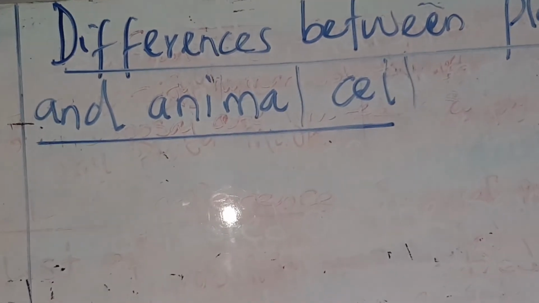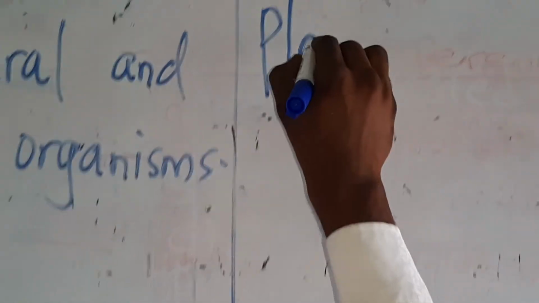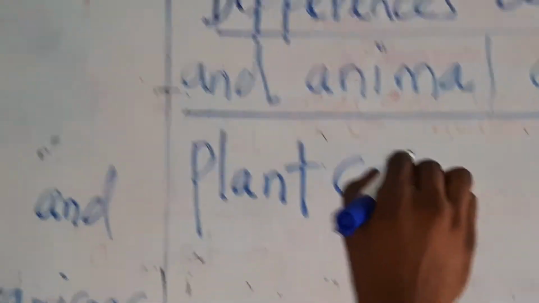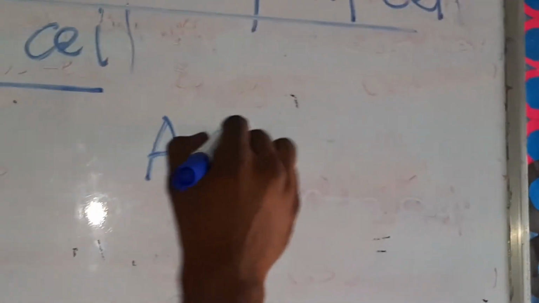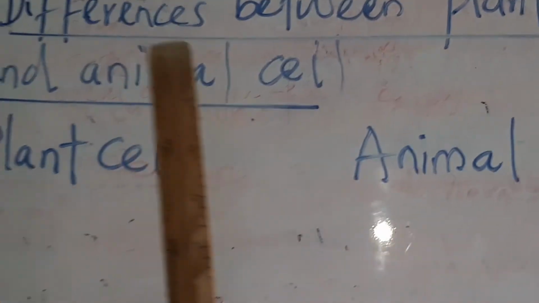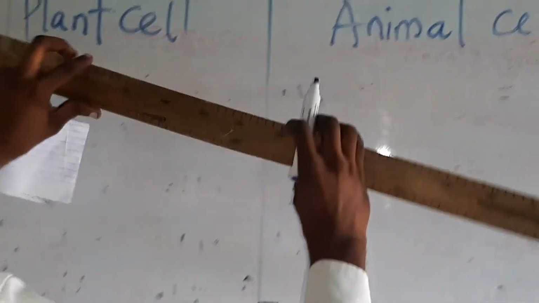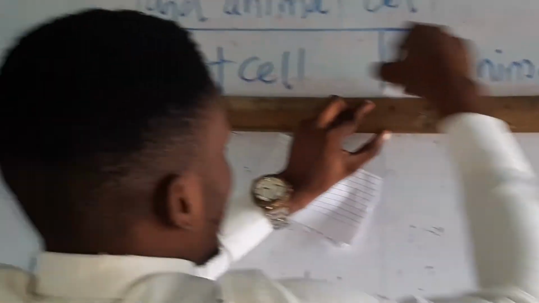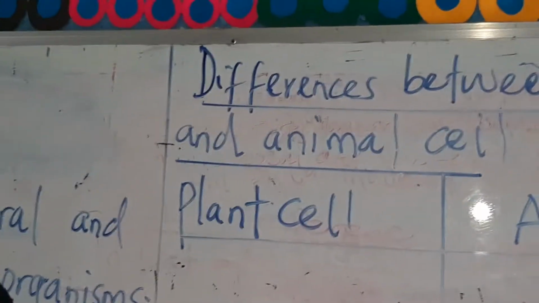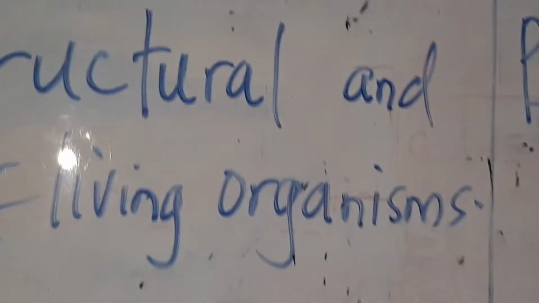Now, in a tabular form, I'm going to present it. We have plant cell, animal cell. There's a plant cell, there's the animal cell.